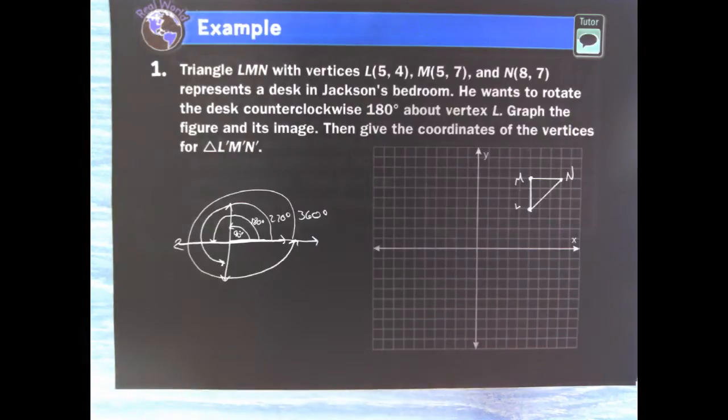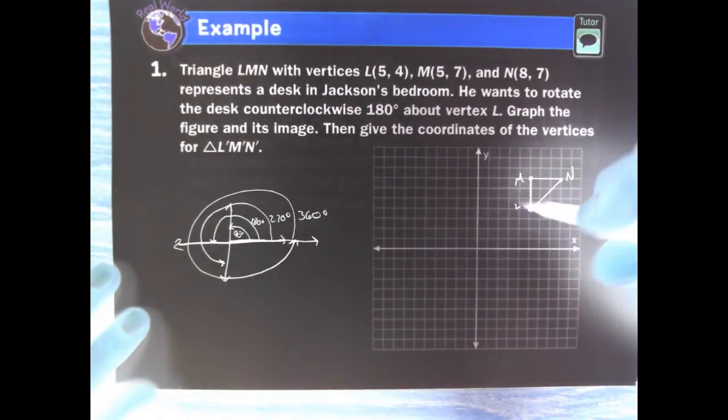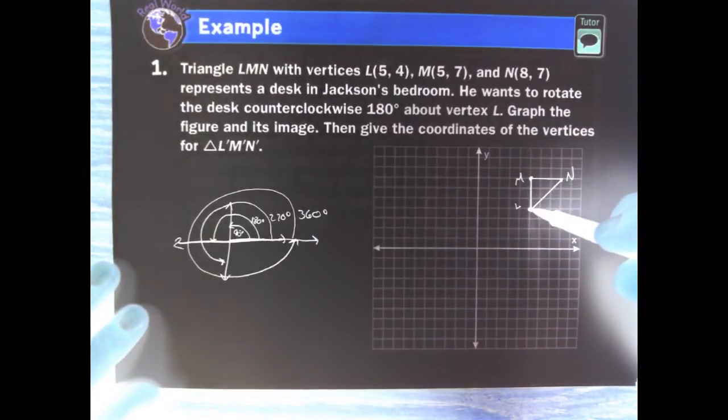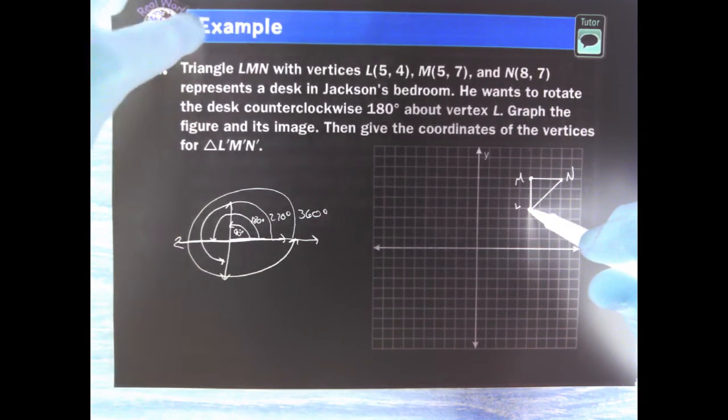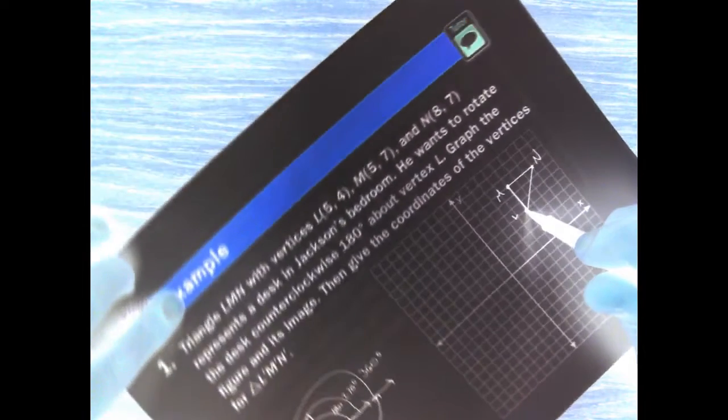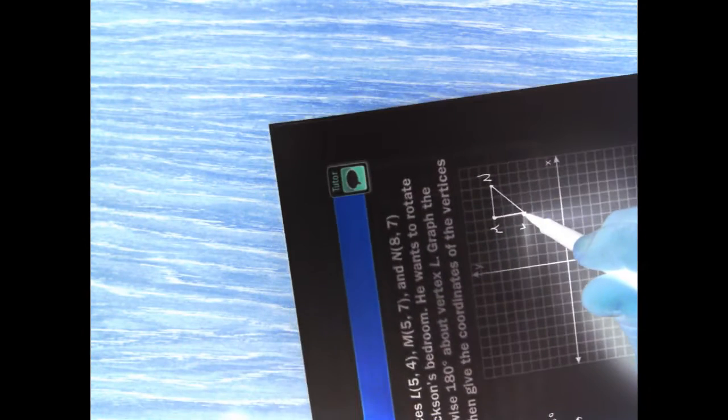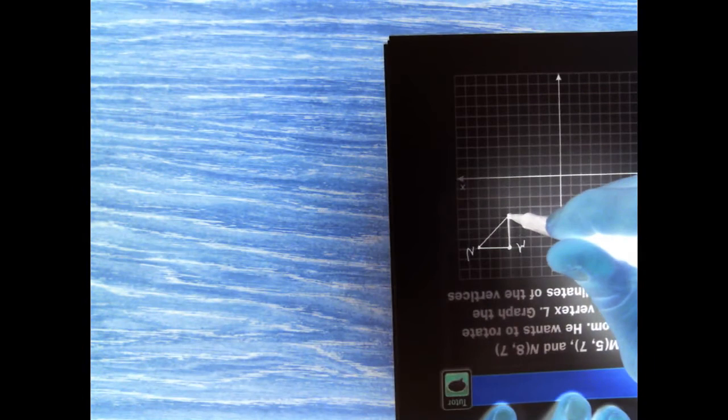So what I want to think about is putting my pencil or putting my finger right on my center of rotation. So if that's L, I'm going to rotate right around that figure. Okay, so if you can visualize this, and this is where it gets tough, that would be about a 90 degree rotation from the start. This would be about a 180 degree rotation.